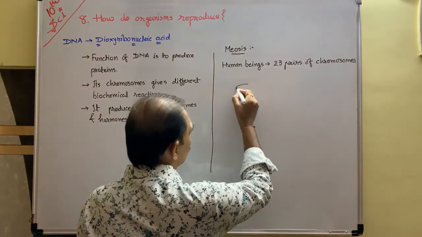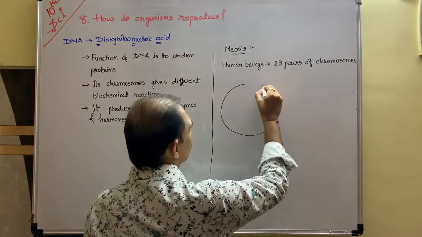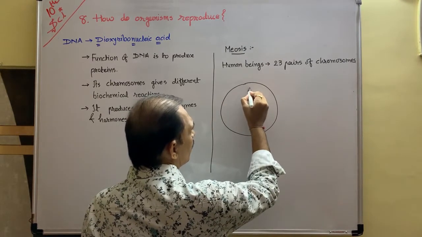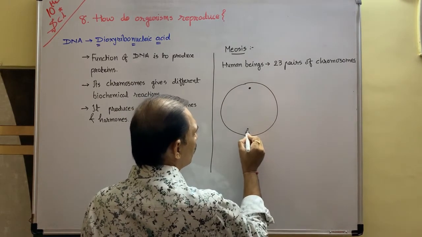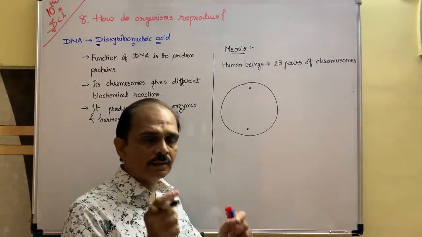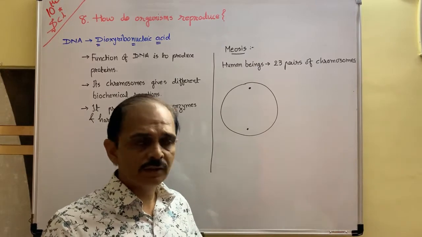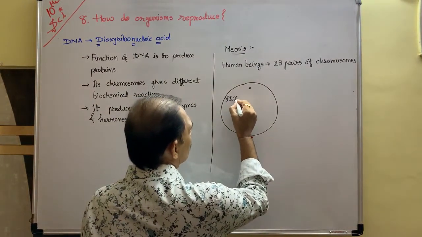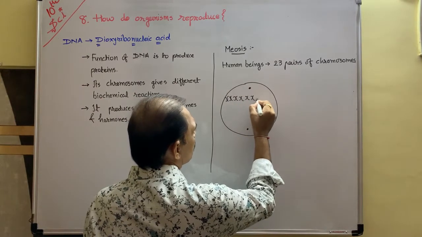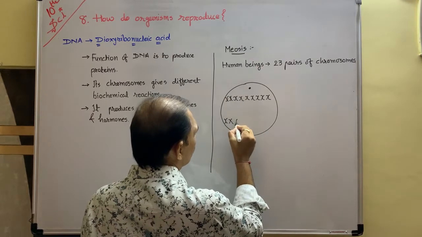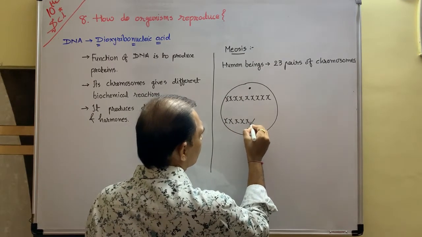Now, suppose this is the cell, the nucleus divided into two different centrioles. This is called centrioles, a sub-center. Here the father's 23 pairs of chromosomes are set, and the mother's 23 pairs of chromosomes are also set.